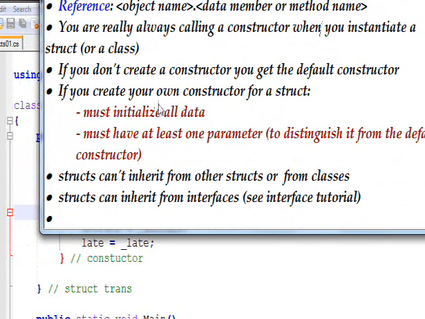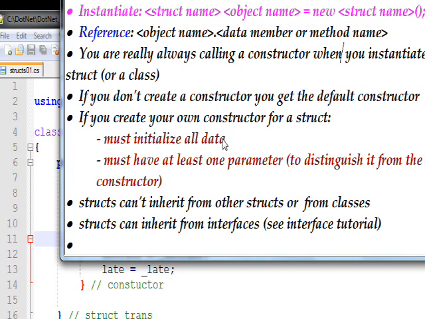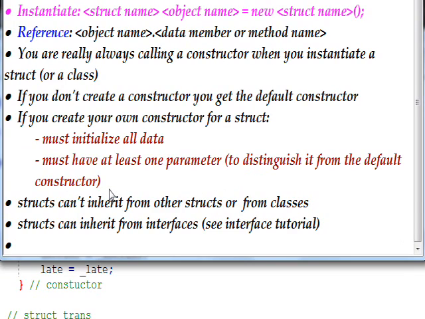If you do create your own constructor, you have to initialize all data. You don't have to pass it through parameters; you could just set it to default values in the body. But I think the best way to do it is to pass it through parameters. So in creating the struct, you also create an initialized record with valid values in it, and you must have at least one parameter to distinguish it from the default constructor, which has no parameters.